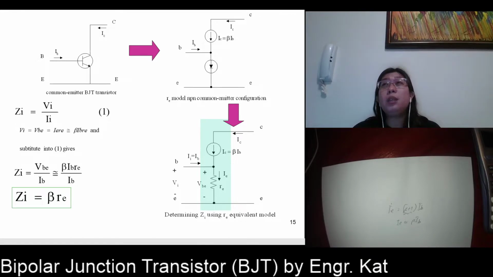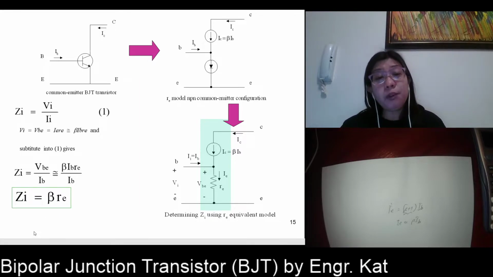Canceling out your IB, that will give us an input impedance equivalent to beta multiplied by re. So what is the difference between common base configuration and common emitter configuration? The input impedance for a common emitter configuration is higher than your common base configuration. But the way we solve for your re is the same. It is equal to 26 millivolts divided by the DC emitter current. However, we still have to multiply it with beta.